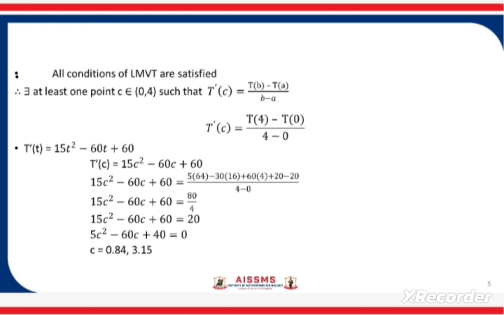So we put t is equal to 4. So we get 5t cube, means 4 cube is 64, then minus 30t square, means 4 square is 16, plus 60 into t, so 60 into 4, plus 20. Now T of 0.